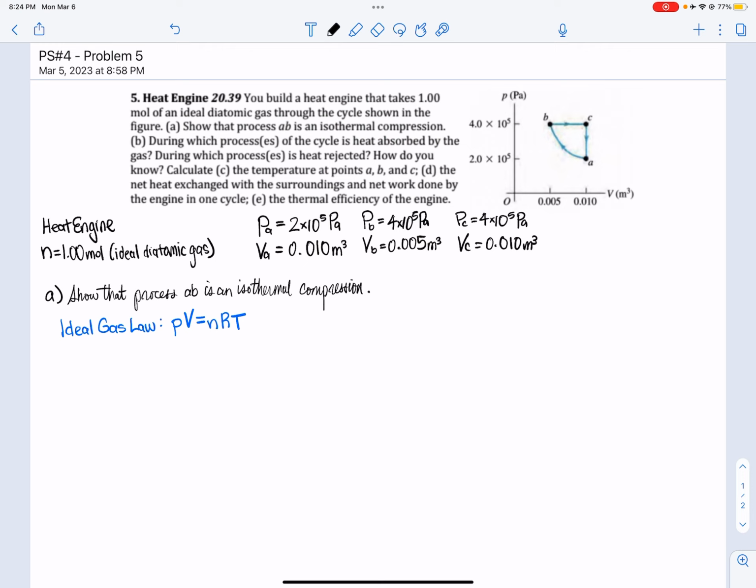Using this equation, the temperature at A would be equal to the pressure at A times the volume at A divided by the constants n and R, correct? And likewise, the temperature at B would equal the pressure at B times the volume at B divided by the constants n and R.